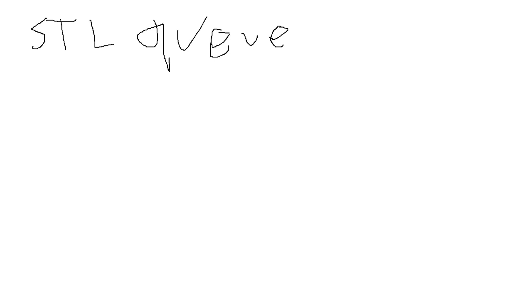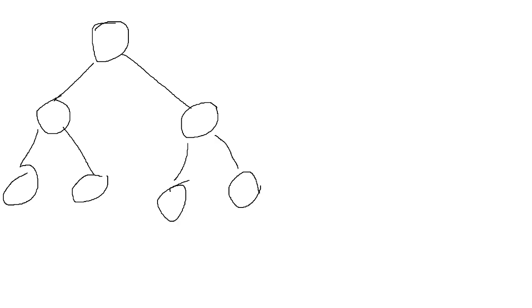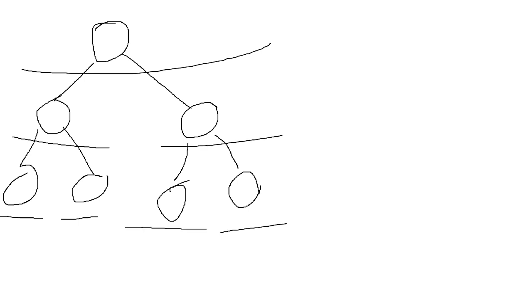Let me erase this. I'm just gonna illustrate it like, hey, I'm here, and then let me do this. So what level order traversal basically means is that it prints out this one, it prints out this one, then this one, then this one, then this one, then this one, then this one.